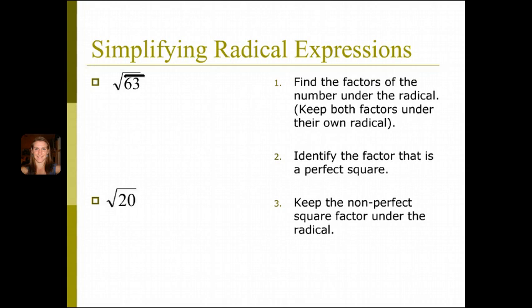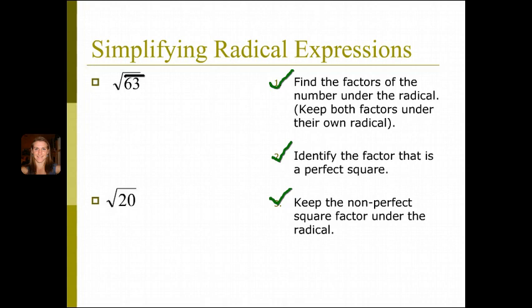The first thing you'll need to do is find the factors of the number under the radical that are perfect squares. Second, again, is just finding the perfect square factor. And third, we're going to keep the non-perfect square factor underneath the radical. Okay? So let's look at the square root of 63.